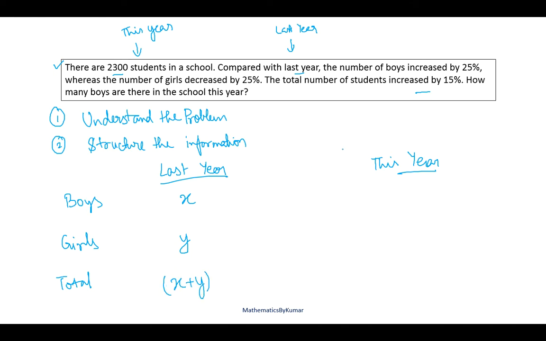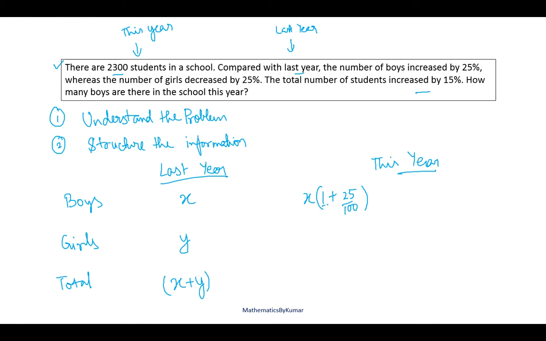Okay, what happened this year? So this year the number of boys increased by 25%. How do I put that into an equation? So I start with x, and whenever something increases by a certain percentage, the way I write it is 1 plus, in this case, 25 over 100.